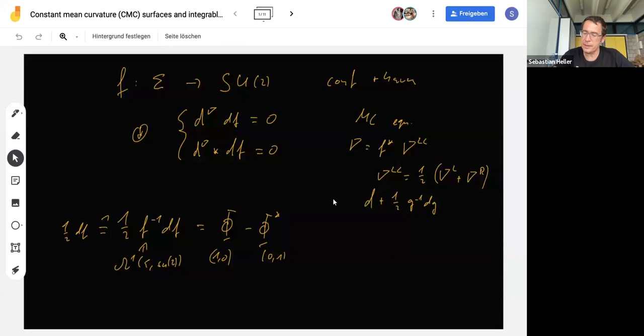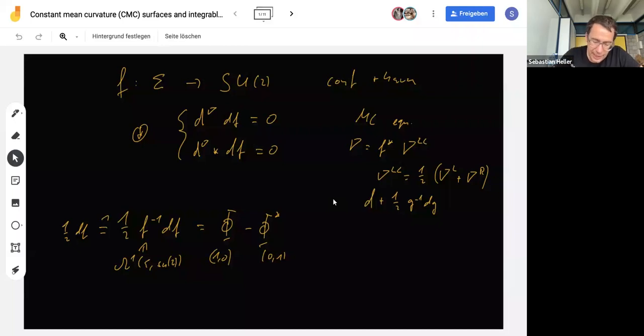So it's the gauge by the immersion f of the trivial connection. So this connection is actually trivial, globally flat, and we have global flat parallel sections.